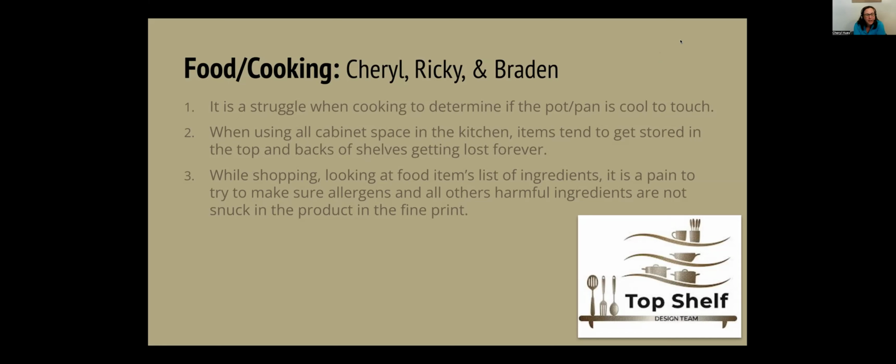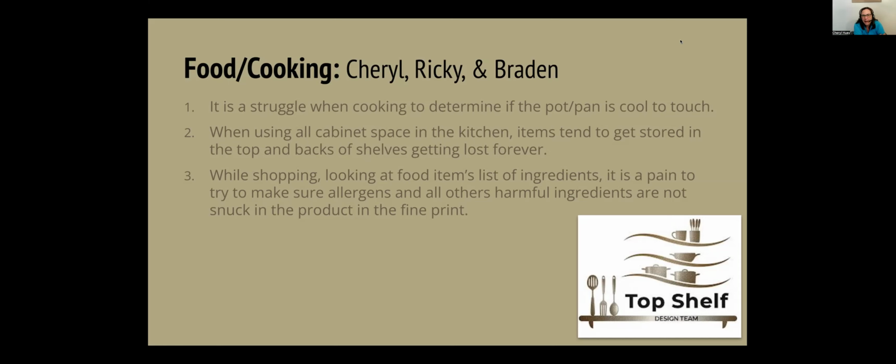Basically, the top cabinets are hard to reach, and you can't use the space very easily. Someone like me who's very short, I can't reach the stuff that's on the top shelf. And so it's not very functional. So some sort of design that makes the top shelves more functional, something that pulls down, that sort of thing.